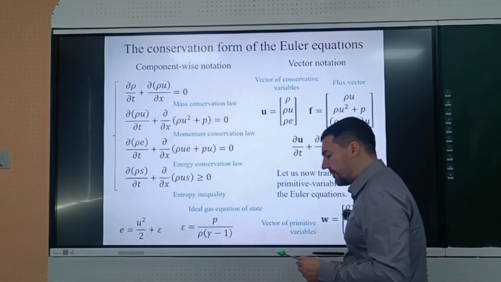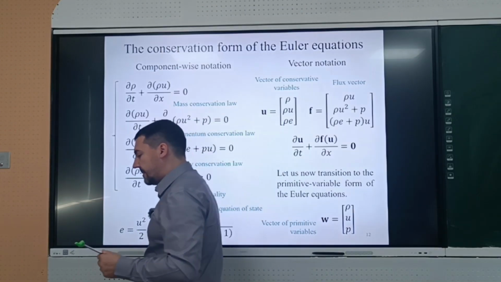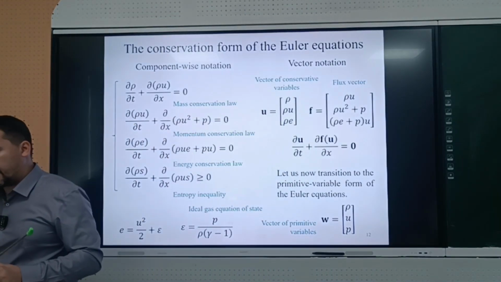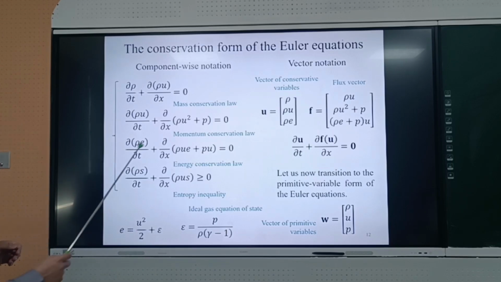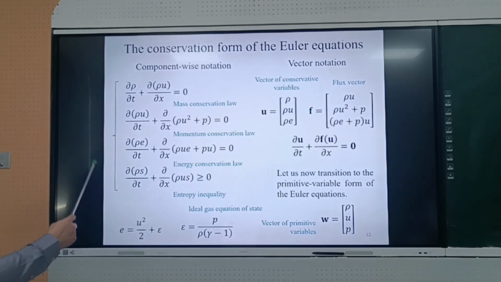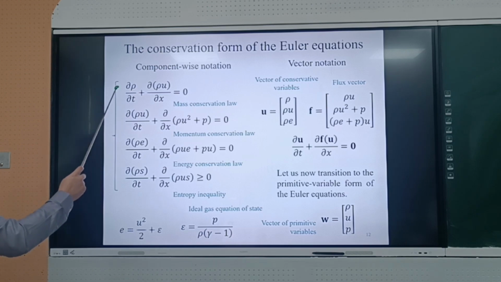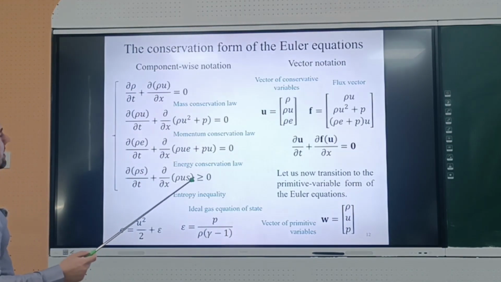We have already discussed many different forms of Euler equations. We started with the conservation form, or more exactly, component-wise notation.